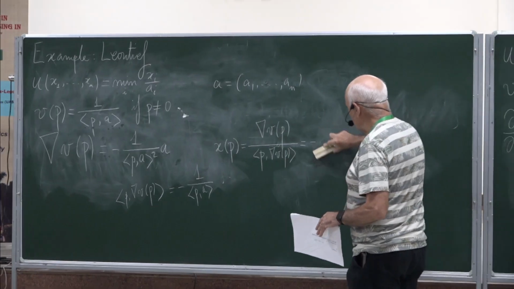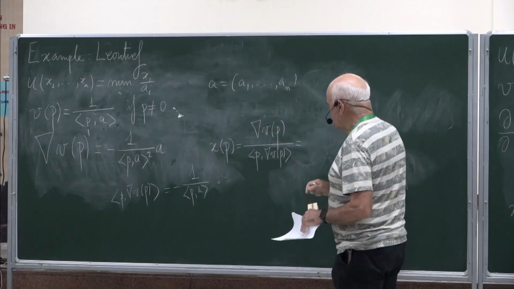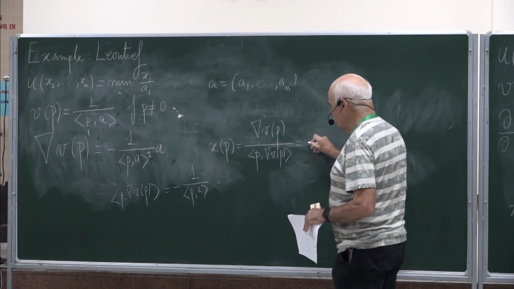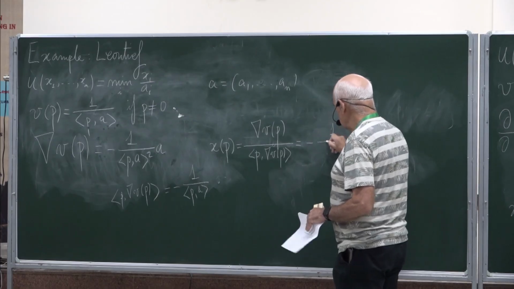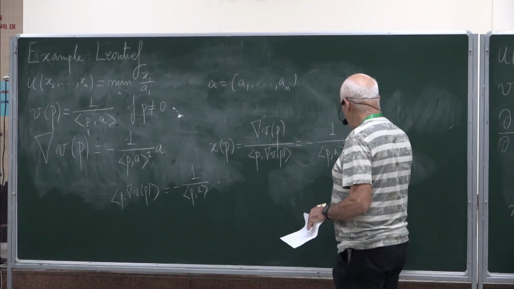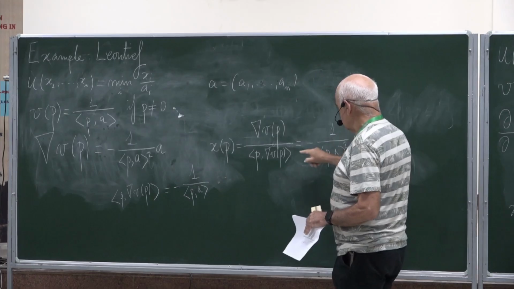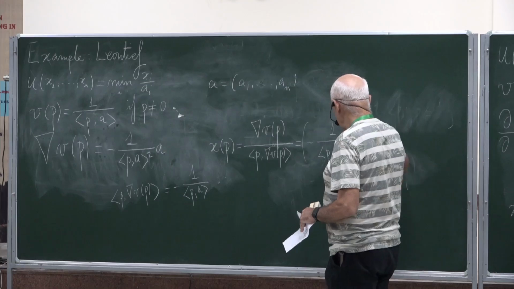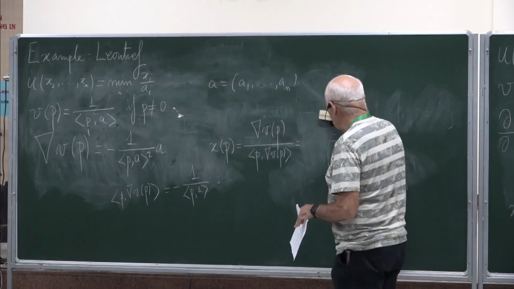So let's just do things more carefully, okay? So it's minus 1 over PA square, A divided by this, so multiplied with, its notation is horrible.